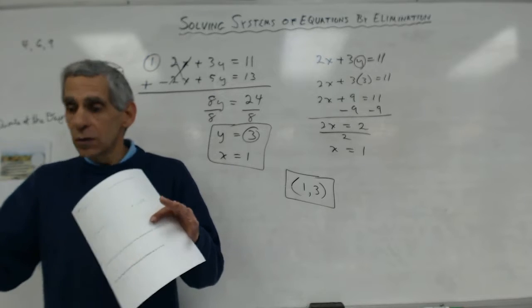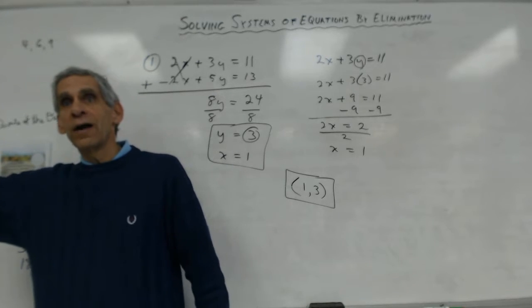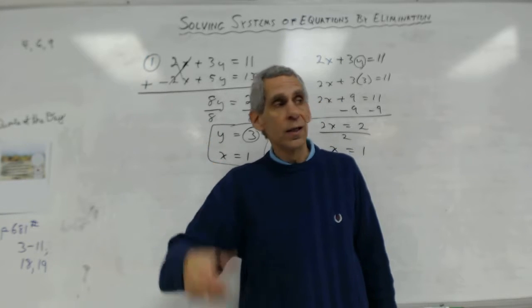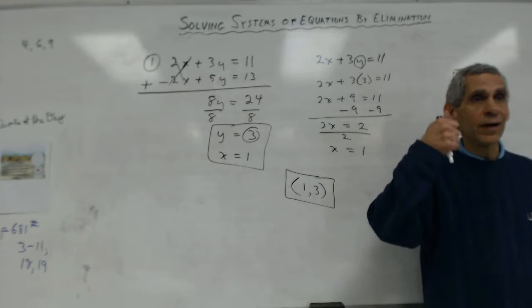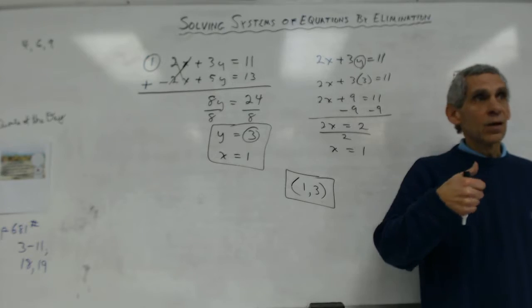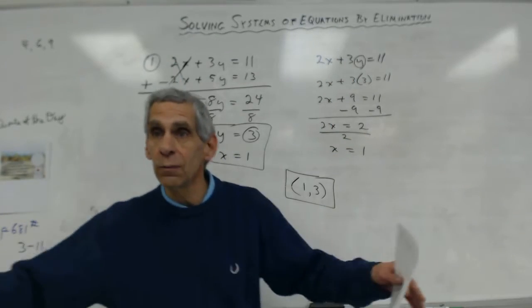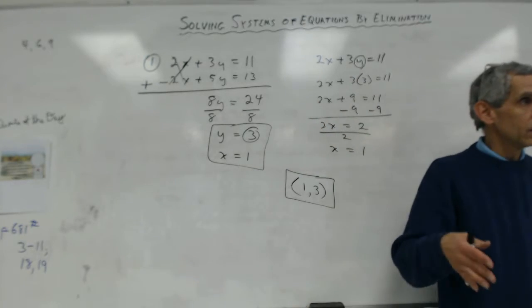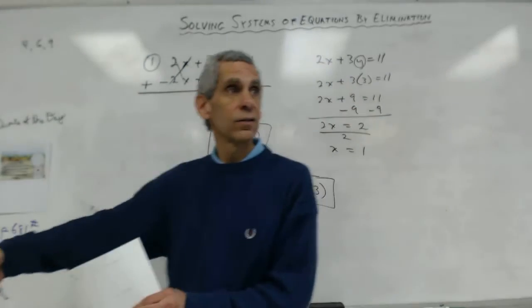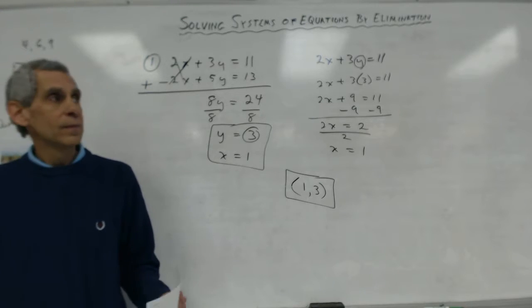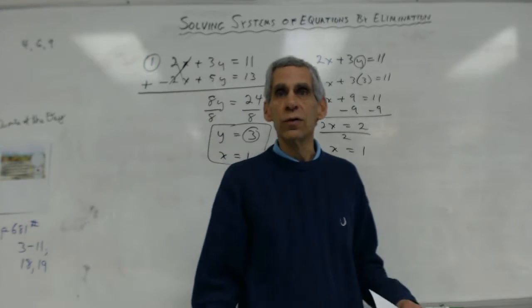So the first way is by graphing. The second tool I've given you is by substitution. And the third tool I've given you is by elimination, right? All of these are different ones that you can use. Now, most of the time, you're going to be using substitution and elimination. The graphing is kind of less useful in one way.